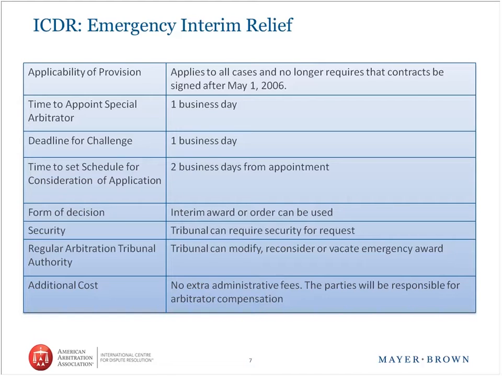It was Article 37 at the time. It's now Article 6. And the idea was we wanted to provide parties a different option if they needed emergency interim relief. The rules then provided for the parties' option to go to court, a local court jurisdiction, or they could wait for the regular arbitral tribunal to be appointed.